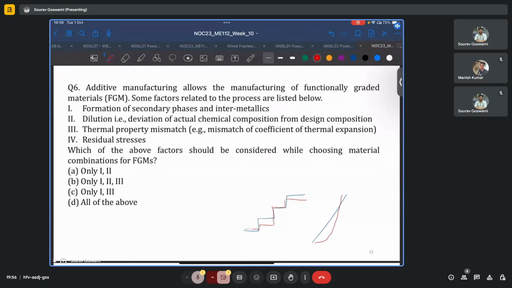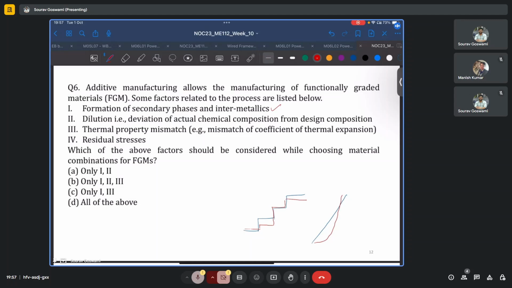If they are not metallurgically compatible, or if from the binary phase diagram, we see that there are regions in which some deleterious secondary phases form, we should be careful in the choice of such materials because then the combination of these materials will lead to these brittle phases, which may contribute to the overall failure of the system. So, the formation of secondary phases and intermetallics, or that is the metallurgical compatibility, is definitely something worth looking into.